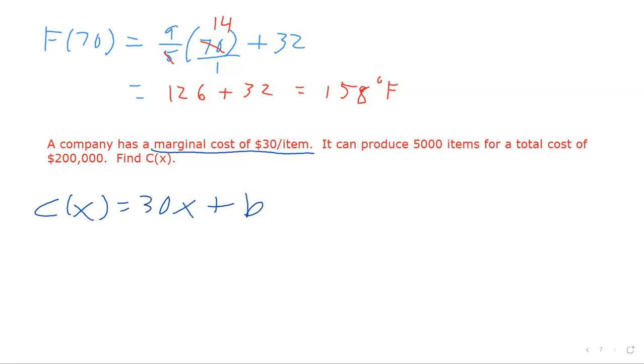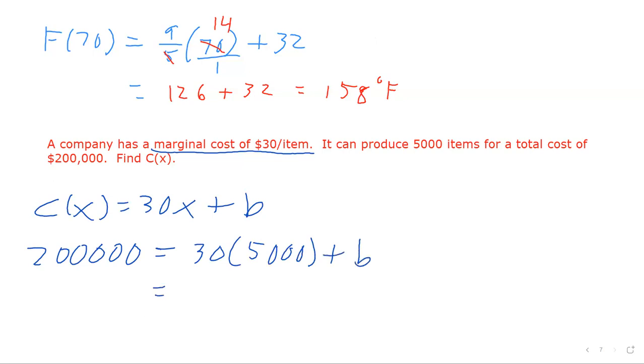And then let's use the information they gave us. Cost of $200,000 is going to be from 5,000 items. And now 5 times 3 is 15. And there are 1, 2, 3, 4 zeros.